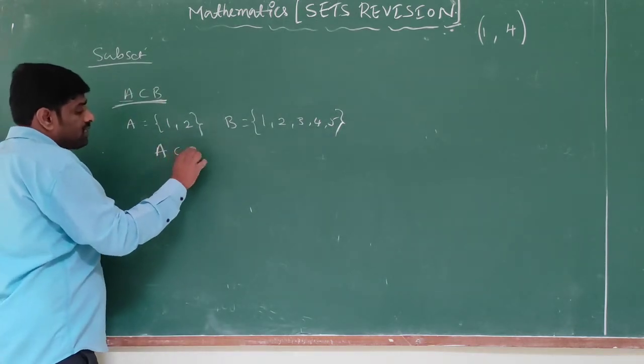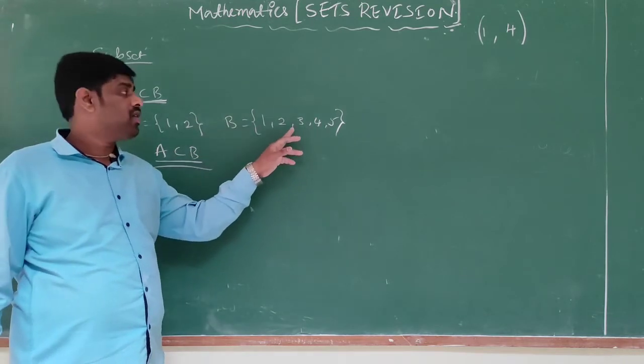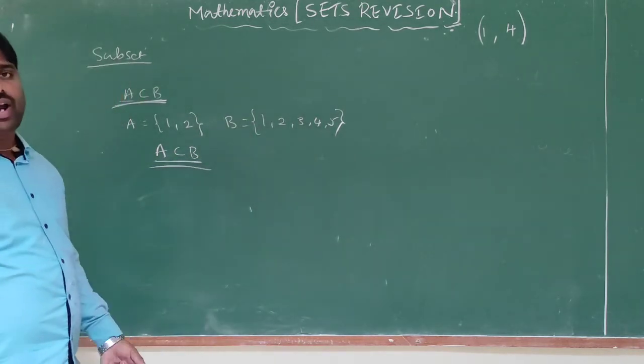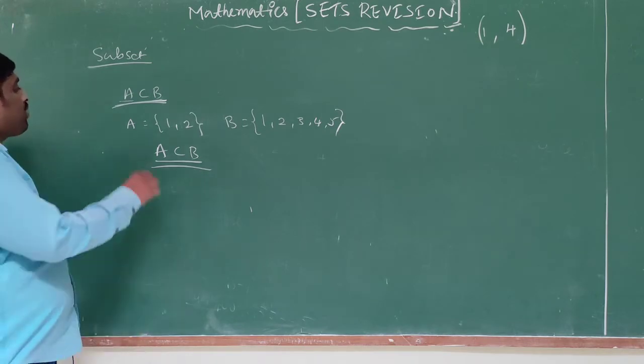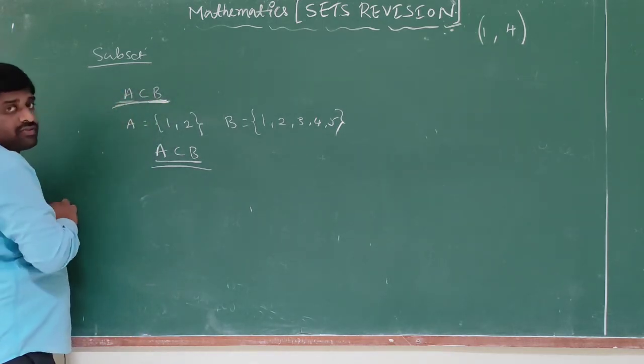Therefore A is a subset of B. {1, 2} is a subset of {1, 2, 3, 4, 5}. So every element of A is an element of B is called A is a subset of B.